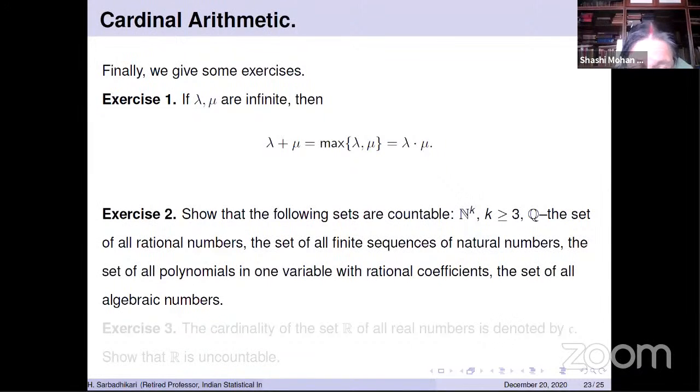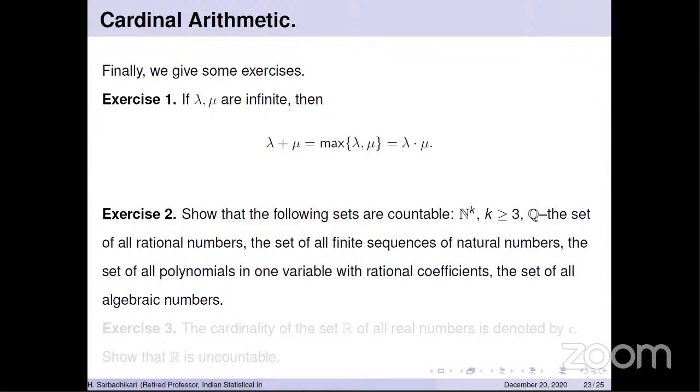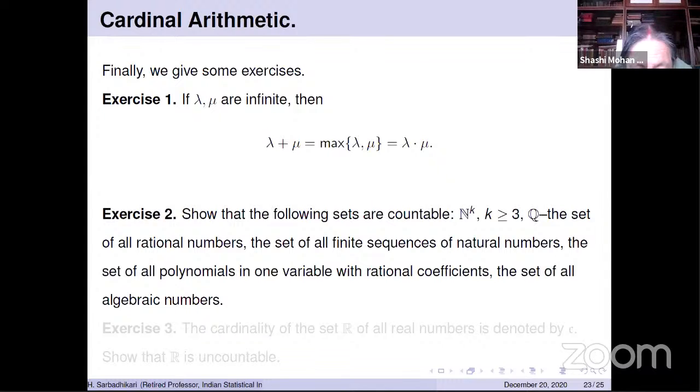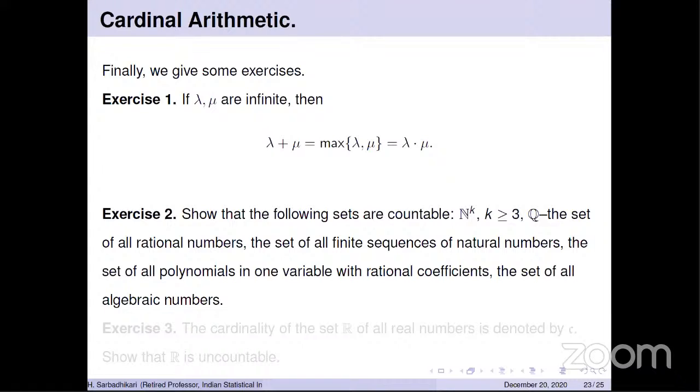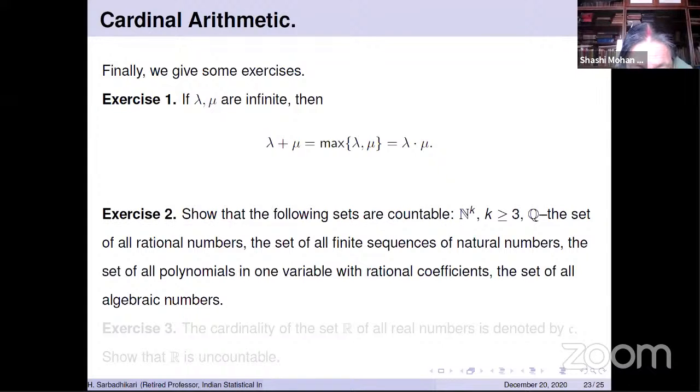Then we know that the cardinality of X cross X, X being a countably infinite set, is the same as the cardinality of X, for an infinite X.